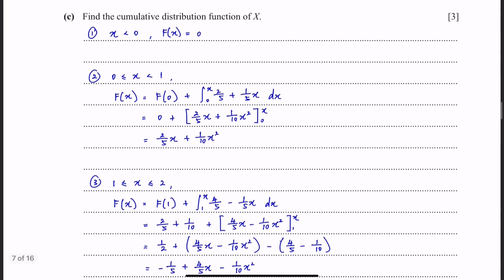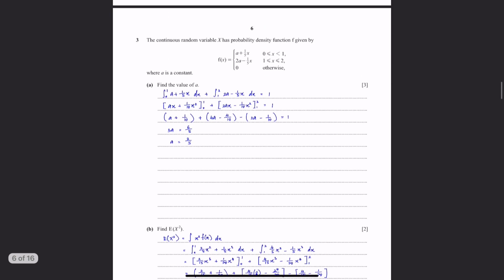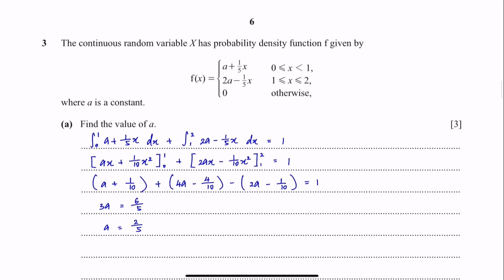So you can see that according to the PDF, the probability density function, when x is in between 0 and 1, and when x is in between 1 and 2, there is a certain function, and anything otherwise, we have a 0. That means anything before this range, let's say x is less than 0, there is no graph.